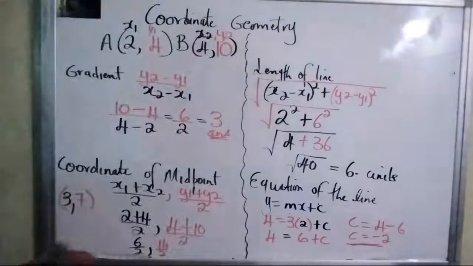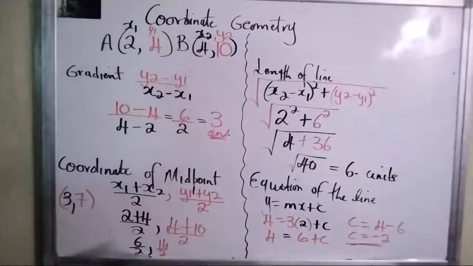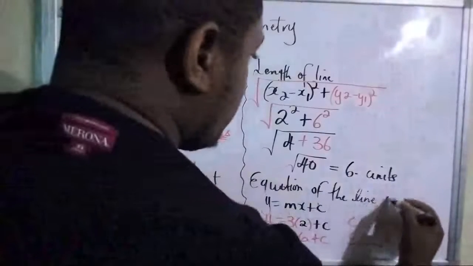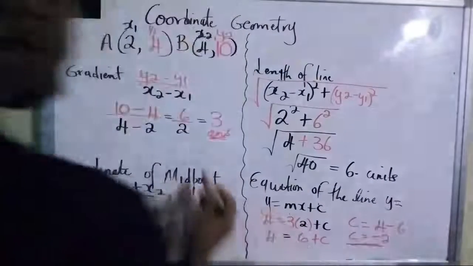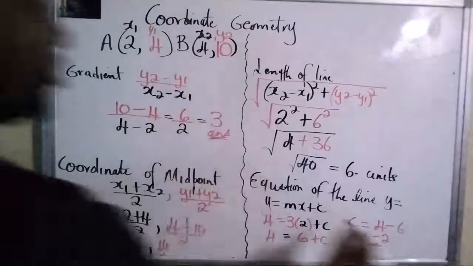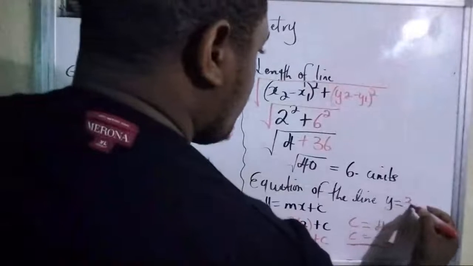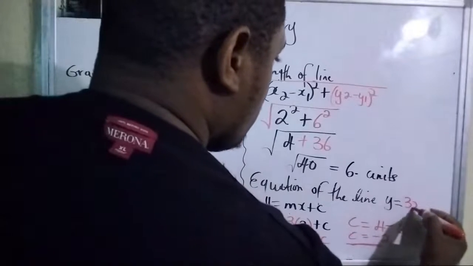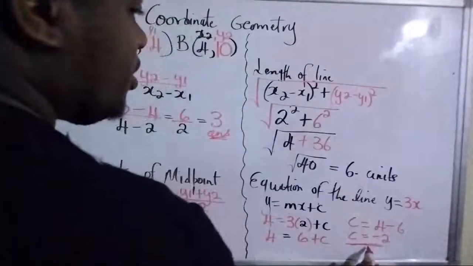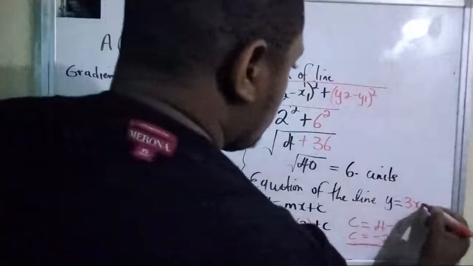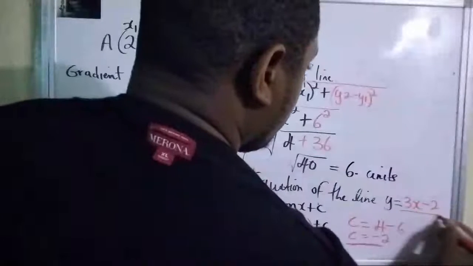So let's go. The equation of the line will be y equals m, which is the gradient, that's 3, x, and the y-intercept, which is -2. So that would be the equation of the line.